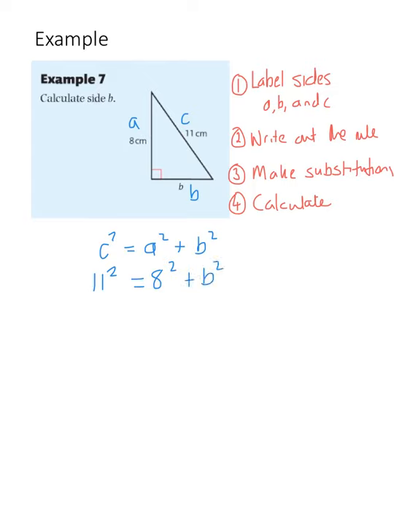I then need to calculate. Rearranging, this gives me 11 squared minus 8 squared equals B squared. 121 minus 64 equals B squared, and therefore we can say B equals the square root of 57.